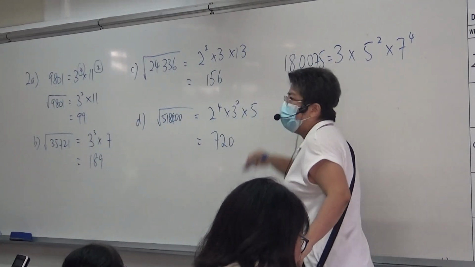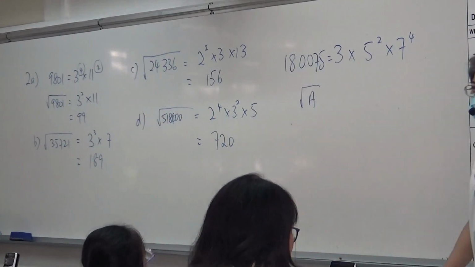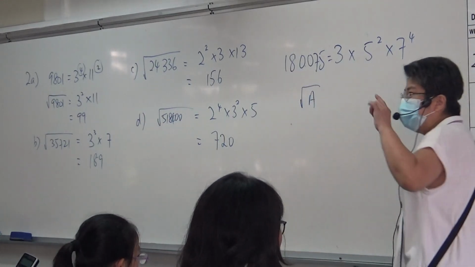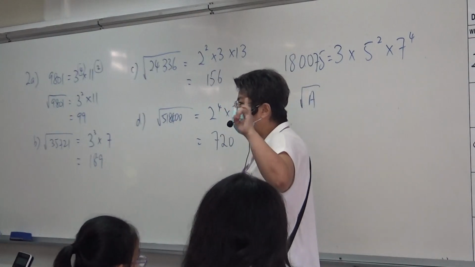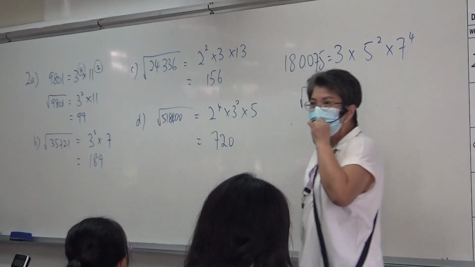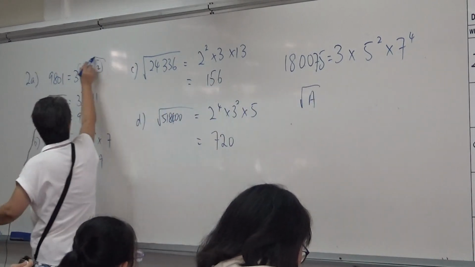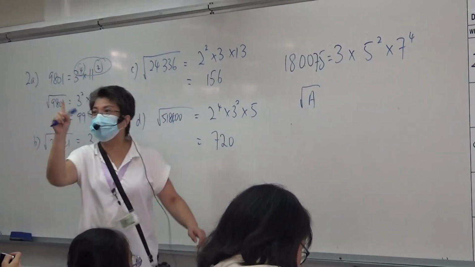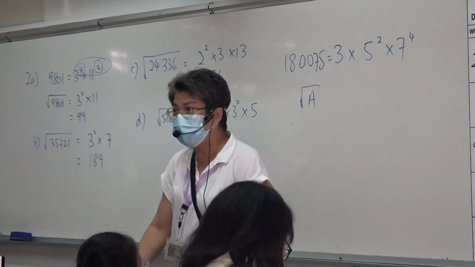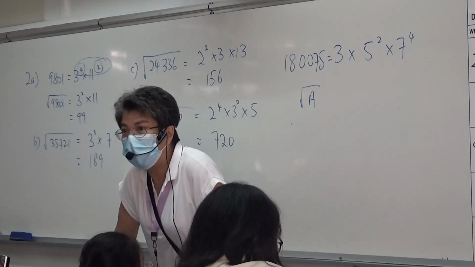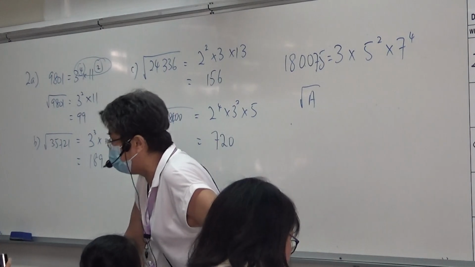Okay, then all of you take the square root of 18075. Is it a decimal? That means in order to use this method, all the powers have to be even numbers, or divisible by 2, or multiples of 2. Then we can take the square root.